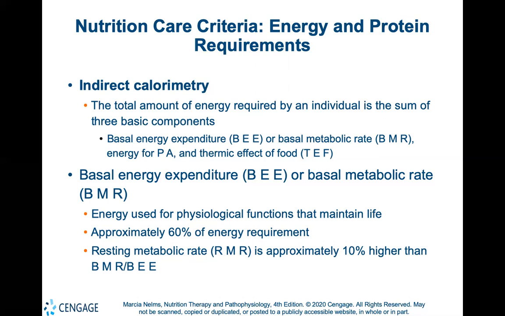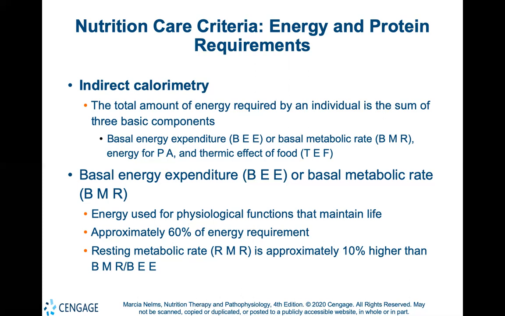Indirect calorimetry. The most accurate method of measuring REE or RMR in a clinical setting is to use indirect calorimetry. The equipment used for this process has steadily become more sophisticated over the last several decades. Basic principle: the amounts of oxygen and carbon dioxide in both inspired and expired air are measured.